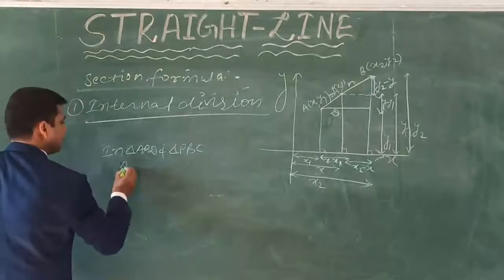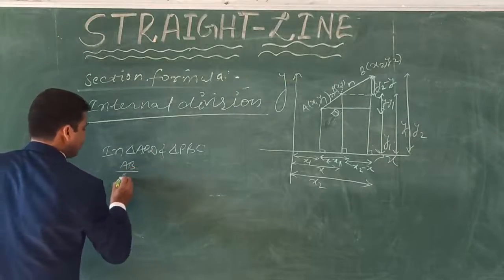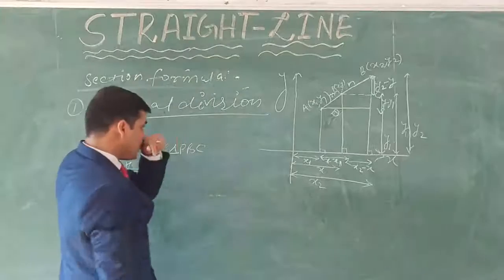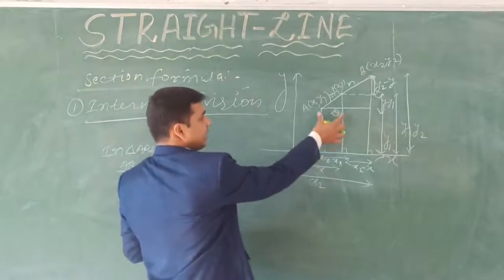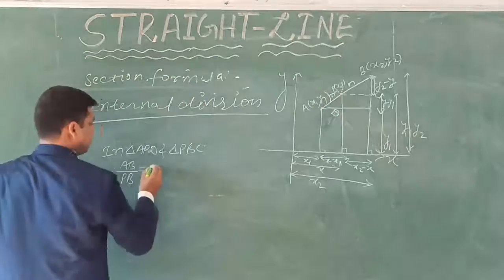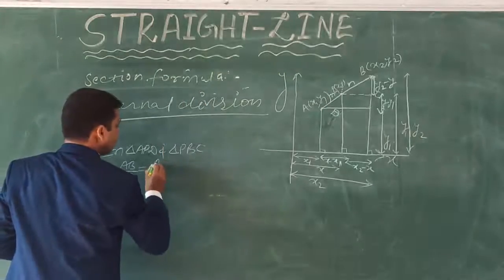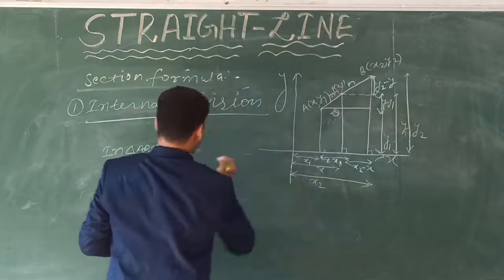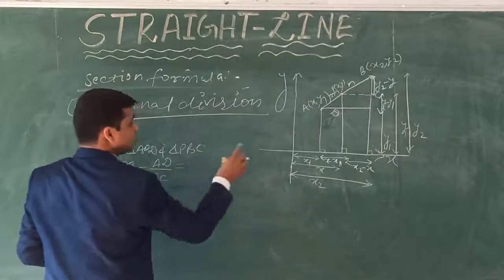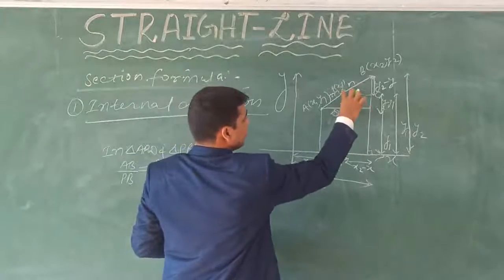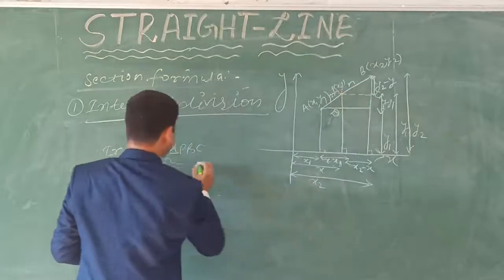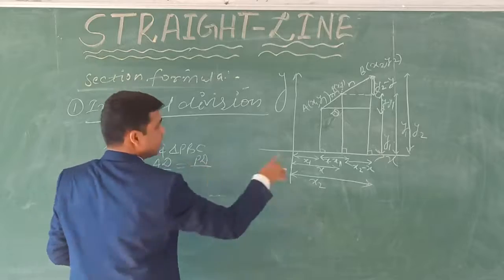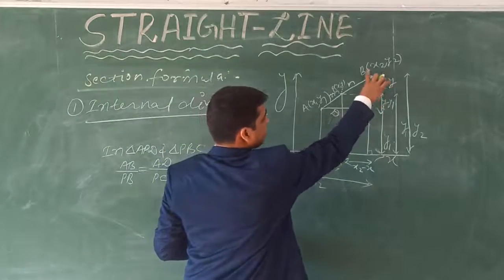So I am writing here AP divided by PB equals this distance AD upon PC, this one means this base PC, equals this distance, PD. So I am writing here PD upon what we can write? We can write this one, BC.